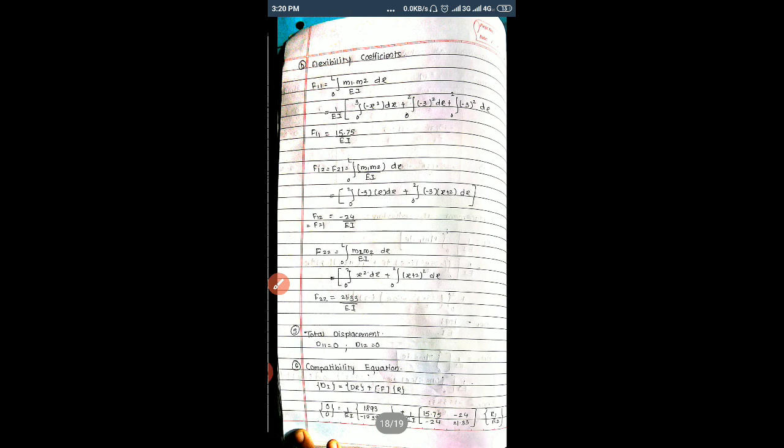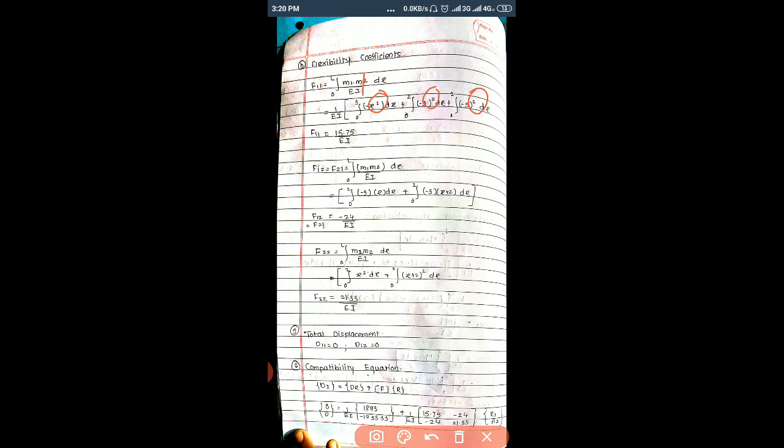Okay, now we go for flexibility coefficients. F11 is m1 into m1 only. Okay, that's why we have done the square of all these moments. Okay, m1 into m1, that is m1 square. So we will get this F11 coefficient.